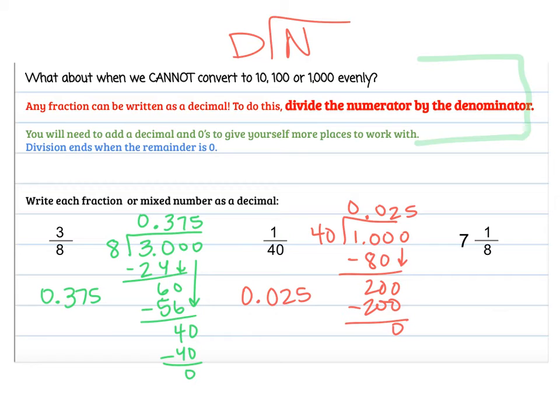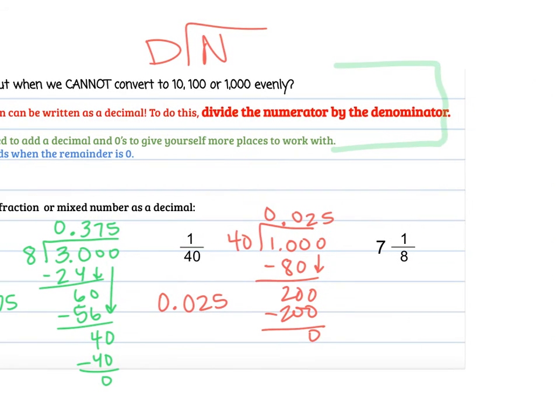And the last one, 7 1/8. When I'm dividing, I'm just going to focus on the fraction. All right, numerator on the inside, add a decimal and a 0. Carry my decimal straight up above. 8 goes into 10 one time, which is 8.